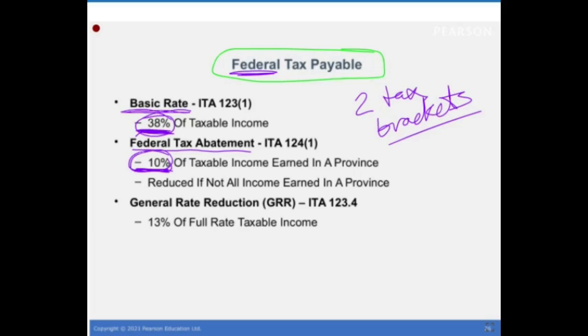Well, they are doing this only if the income was earned in a province. Reason being, because if you earn it in a province, that means you're going to pay provincial tax. They're giving you a little bit of space, 10%, so you can pay your provincial tax. If you don't pay any provincial tax, then they're going to just take the full tax rate.